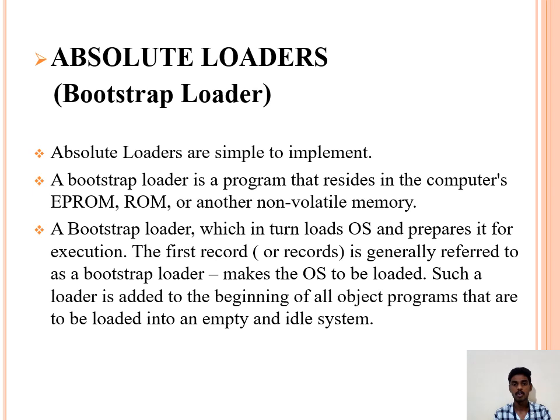The first record is generally referred to as the bootstrap loader, which makes the operating system be loaded, and such a loader is added to the beginning of all the object programs that are to be loaded into an empty or idle system. So whenever we turn on the system, it automatically boots. That is known as the bootstrap or absolute loader.